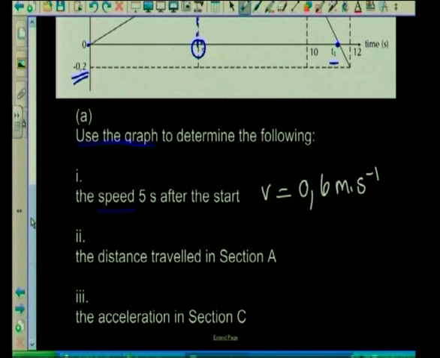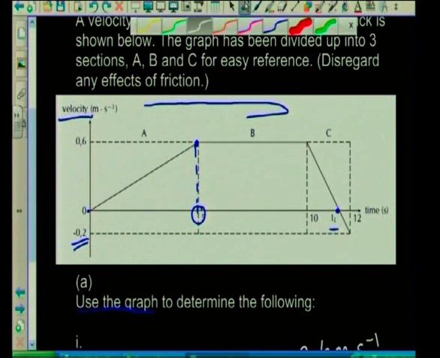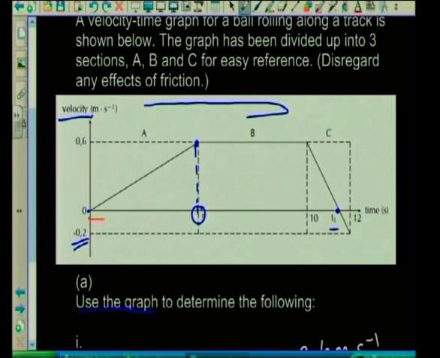Question 2. The distance traveled in section A. Okay, section A. In other words, 0 to 5 seconds. Now we've got to think back to what I said to you earlier. From a velocity time graph, I can calculate acceleration using the gradient, and I can calculate distance using area.